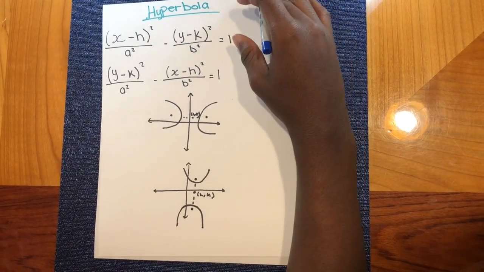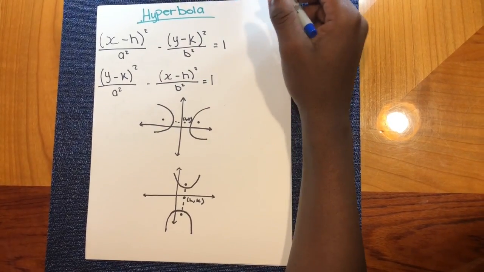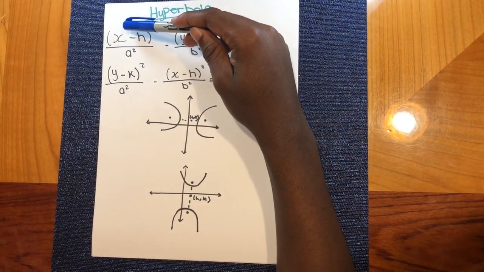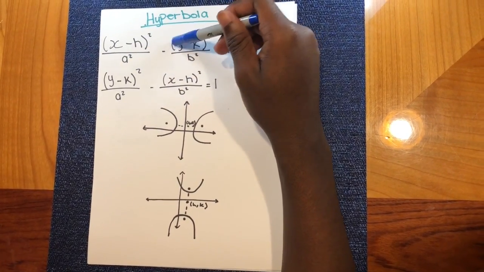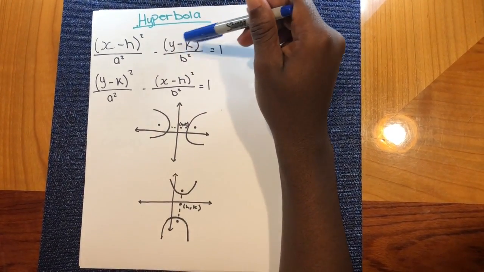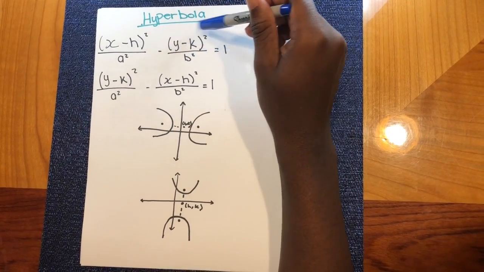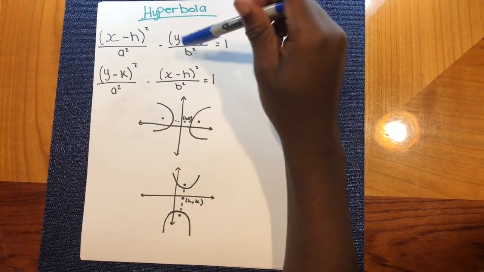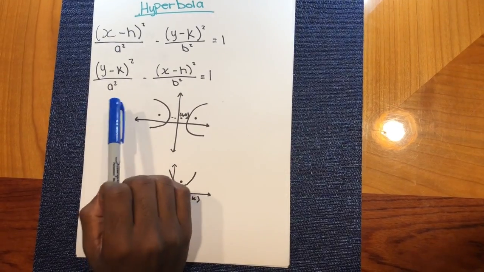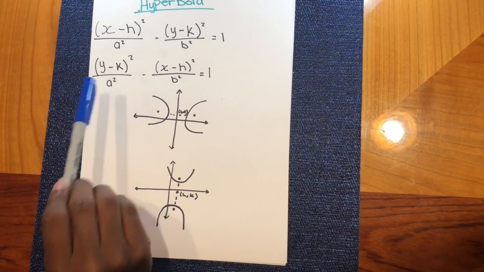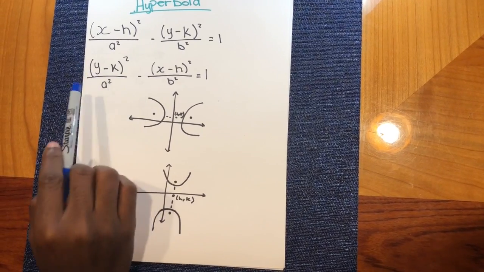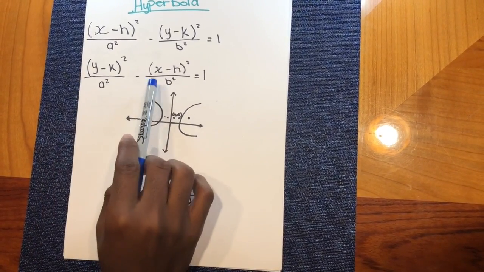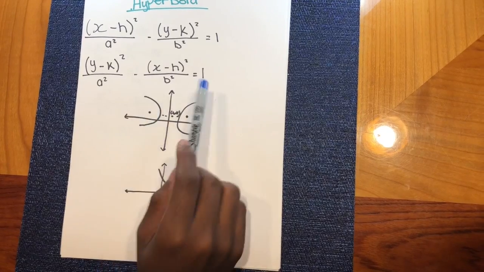Hyperbolas. We're talking about hyperbolas. The two parent functions that we want to keep in mind are (x minus h) squared over a squared minus (y minus k) squared over b squared equals 1. And then the other parent function we want to keep in mind is (y minus k) squared over a squared minus (x minus h) squared over b squared equals 1.